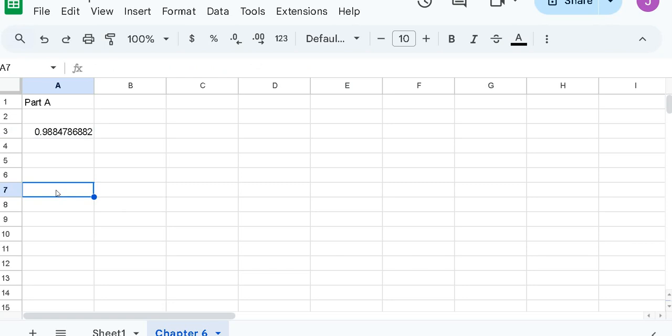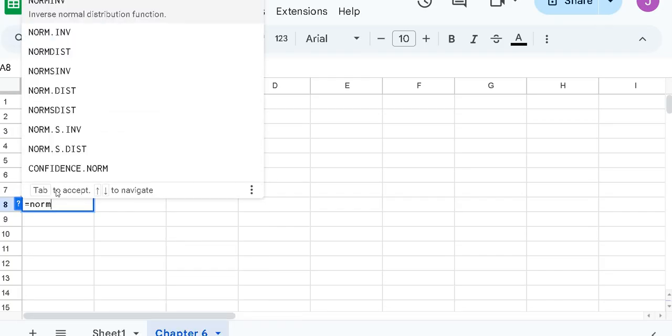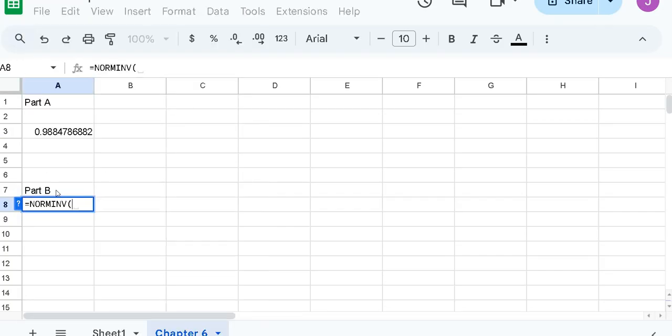So, let's see. Equals norm inverse. What are you getting? What values are you getting? 59.481.